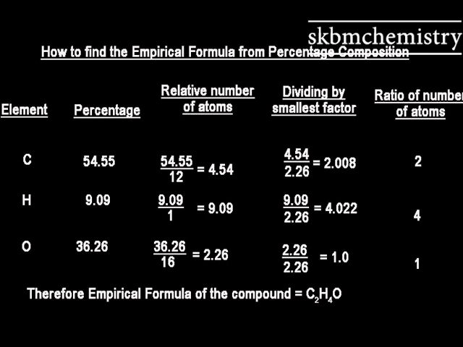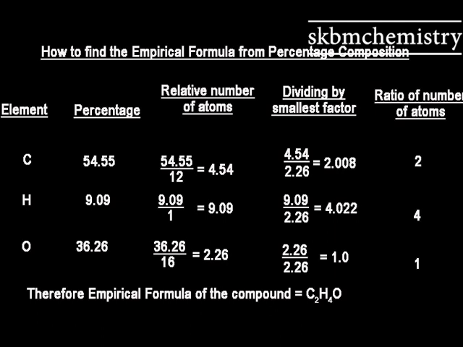Now we will come to this specific problem. In this problem, we have 3 elements: carbon, hydrogen, and oxygen. And the percentage compositions of these elements given are carbon 54.55, hydrogen 9.09, and oxygen 36.36. So to find the relative number of atoms, we have to divide the percentage composition of carbon, 54.55, by its atomic mass, that is 12.